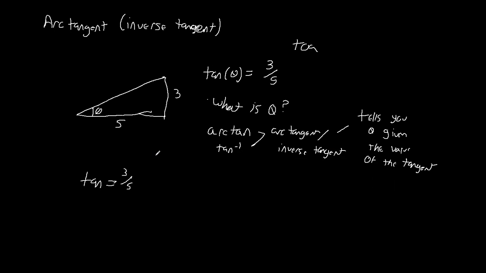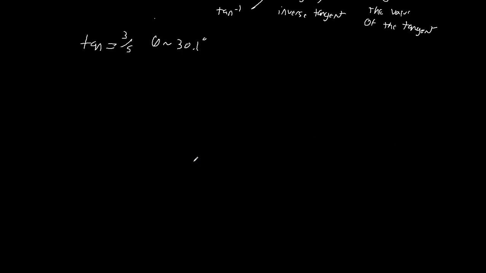So a tangent of 3/5 is equal to a theta of approximately 30.1 degrees. I want to go through this again because I really want to make sure you understand, because this is a critical concept to understand.